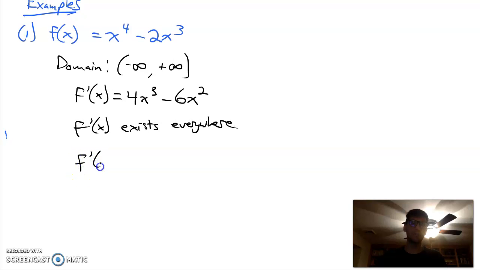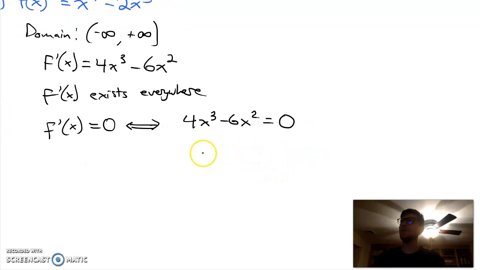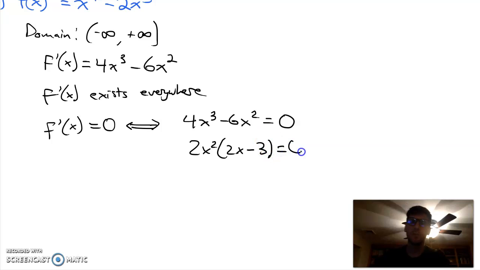Let's set this equal to 0. Since it exists everywhere, we could try to find the spots where it equals 0. So we'll take that and set that equal to 0. We got 4x cubed minus 6x squared equals 0. Oh, this isn't too bad. I could factor 2x squared out, and I would get 2x minus 3 equals 0.